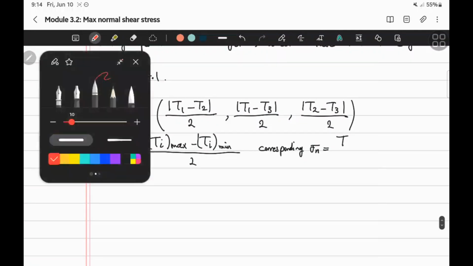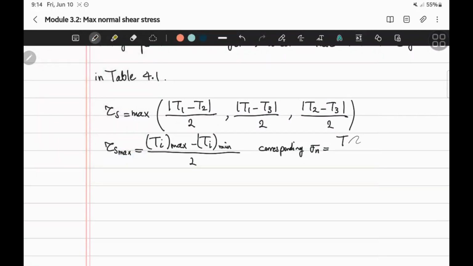So here we have T max plus T min divided by 2.